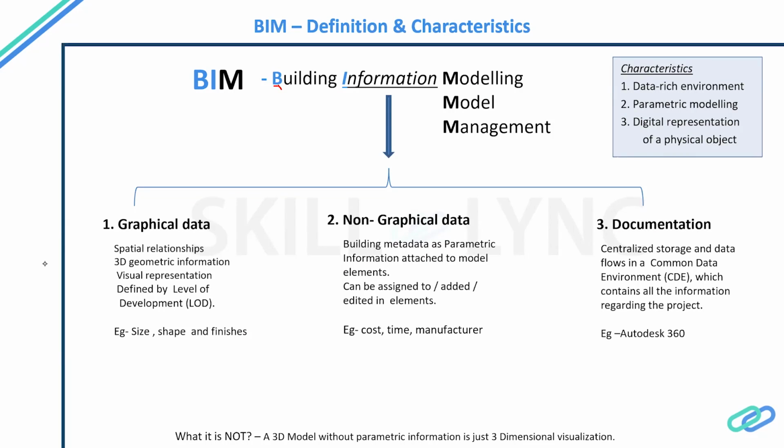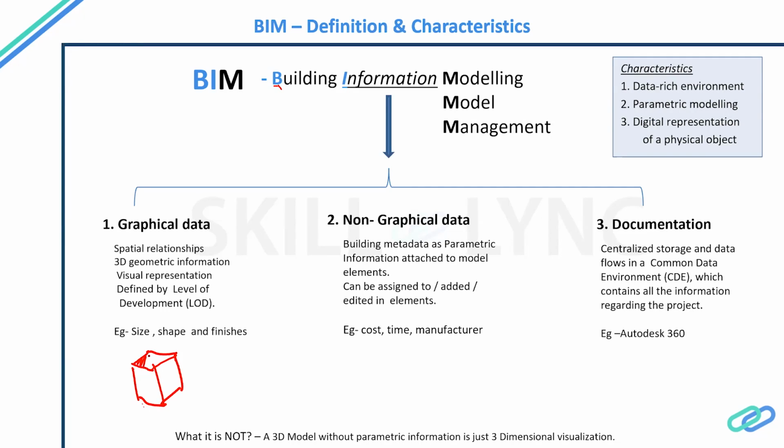For example, if we take the graphical data, the name itself is self-explanatory, but to distinguish all 3 kinds of information present in building information modeling, if we take a cube, we have the shape and size. What I've drawn is a vector line drawing, which we assume as a cube.